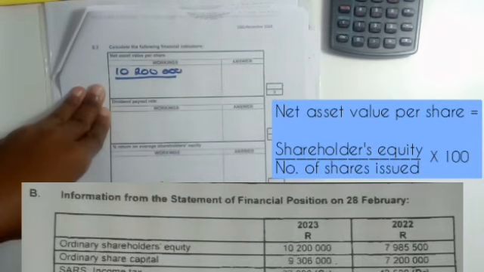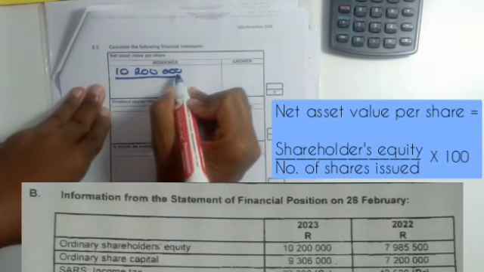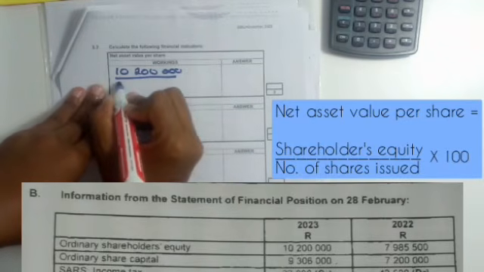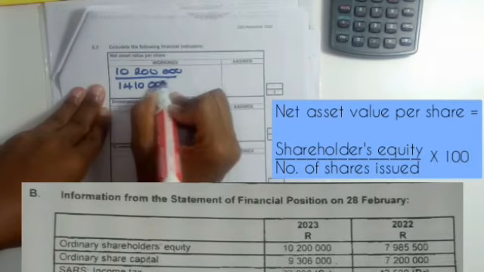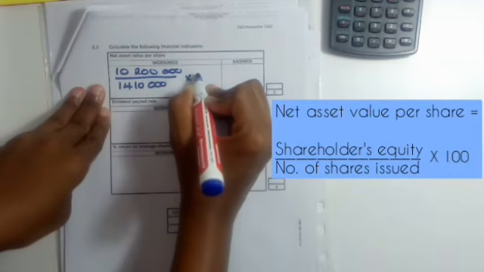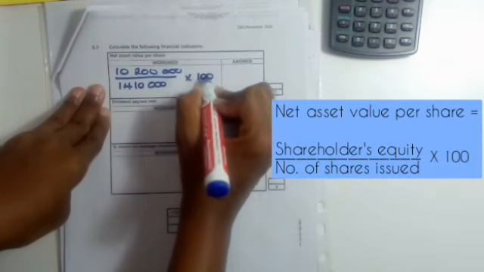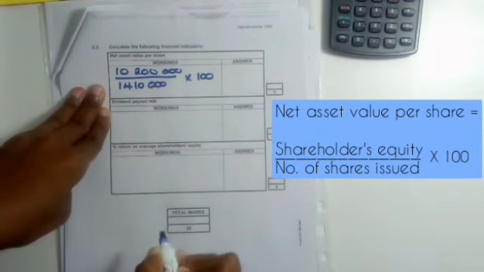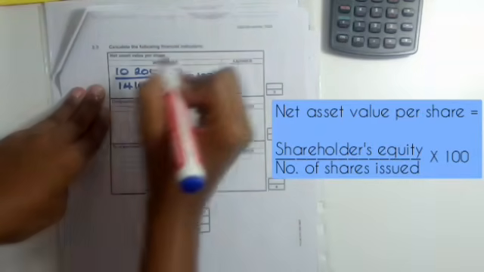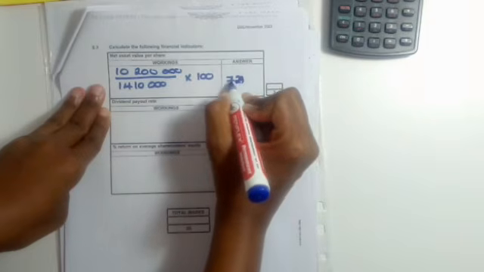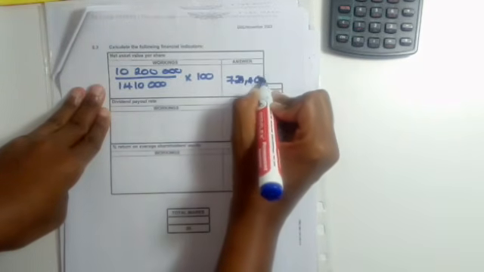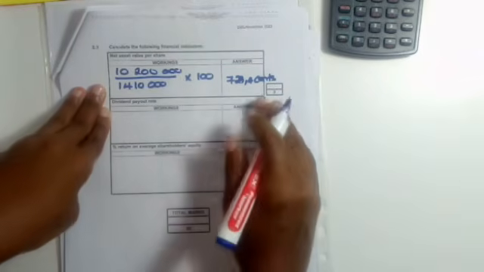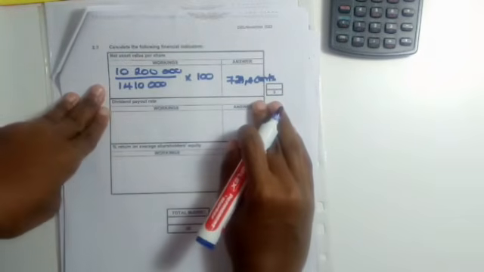This takes you back again to 2.1, and you're going to look at the number of shares at the end of the year, which was 1,410,000. The formula requires you to multiply this by 100 in order to turn your final answer into cents. Punch this in your calculator. 723.4 cents is what you get as your net asset value per share.